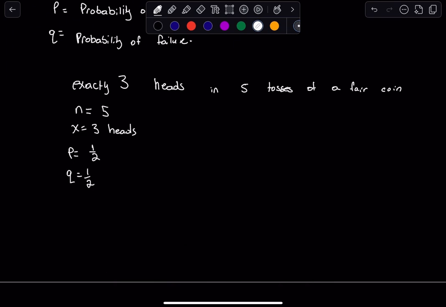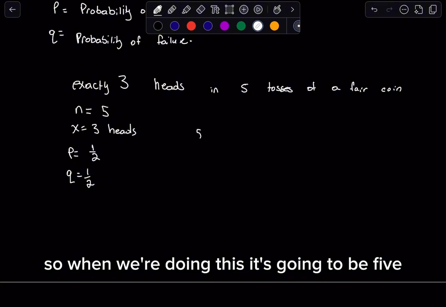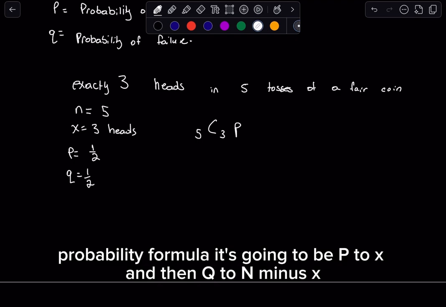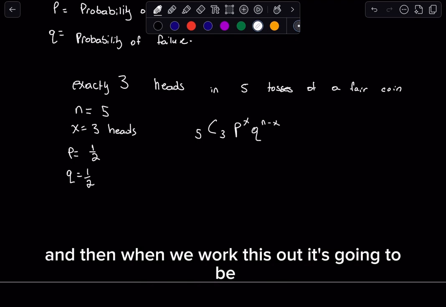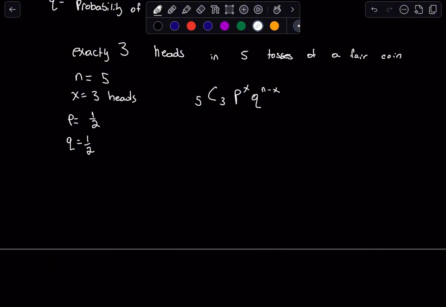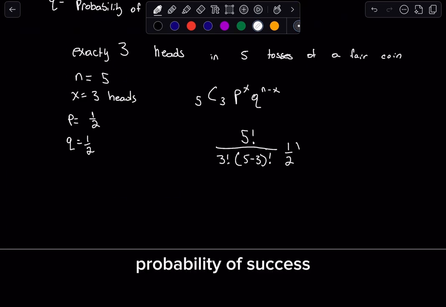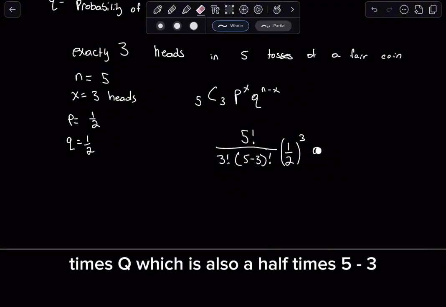So when we're doing this, it's going to be 5 choose 3, and then from the probability formula, it's going to be P to X and then Q to n minus X. When we work this out, it's going to be 5 factorial over 3 factorial times 5 minus 3 factorial, times the probability of success 1/2 to the third, times Q, which is also 1/2, to the 5 minus 3.